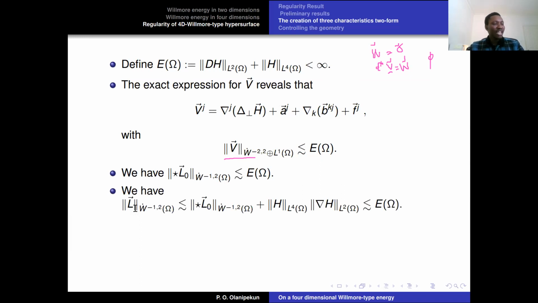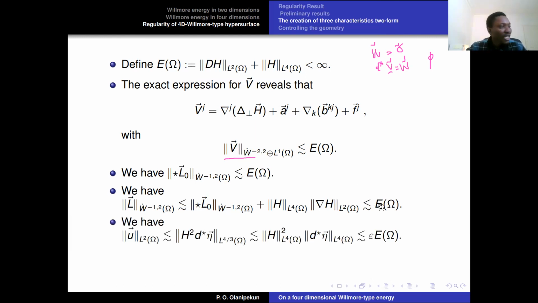Also, we're able to bound L in this space. So L is controlled by L naught in the same space, plus all this. So we're able to bound all this by E. We're also able to bound another quantity U in our conservation law by E.